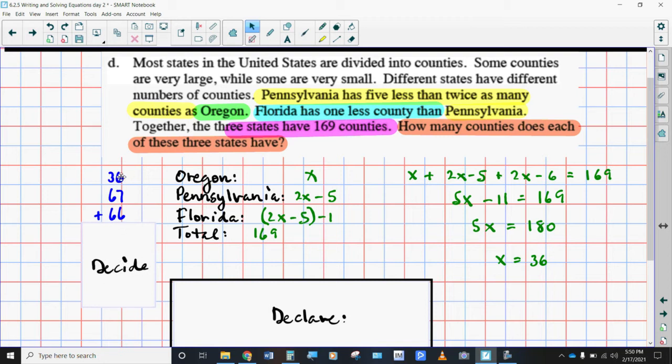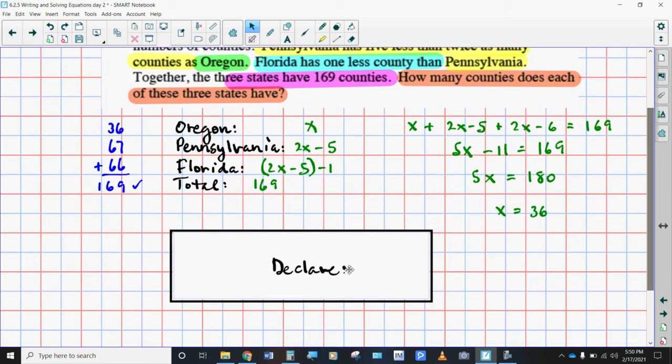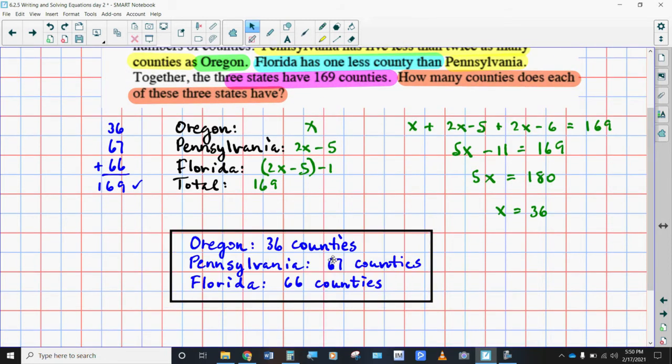Add all those together. What do you get? You get 169, right? 12 and 7 makes 19. Carry the 1, that's going to be 4, 10, 16, that's 169. So we agree with this answer because it checks out. So we can declare for all 3 states, Oregon has 36 counties, Pennsylvania has 67 counties, and Florida has 66.